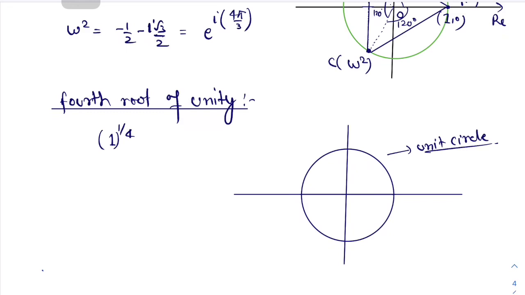So the fourth root of unity means 1 to the power 1 by 4.